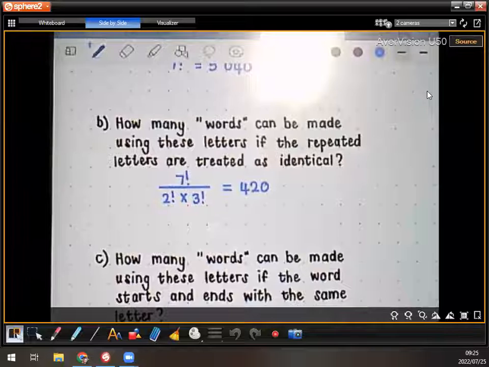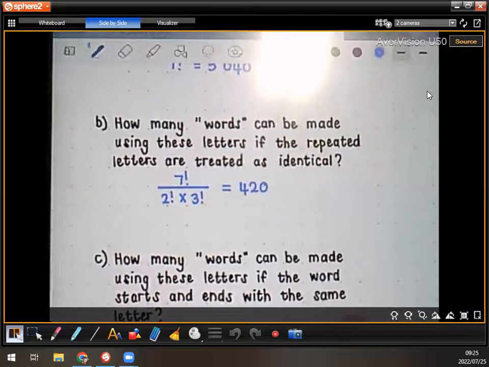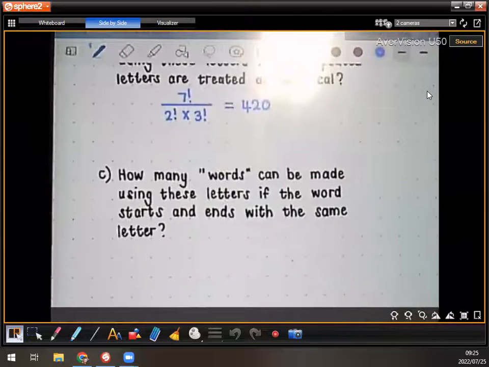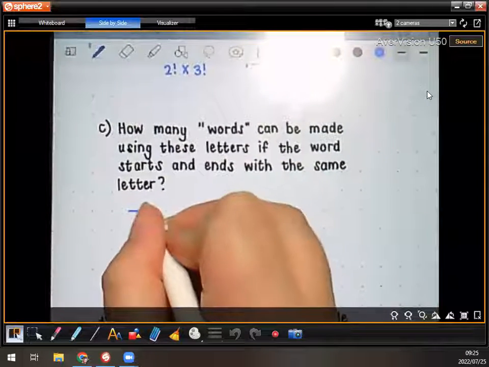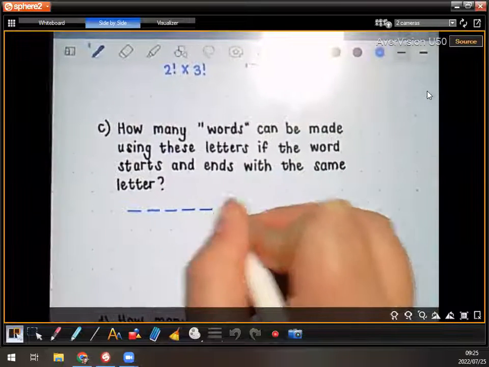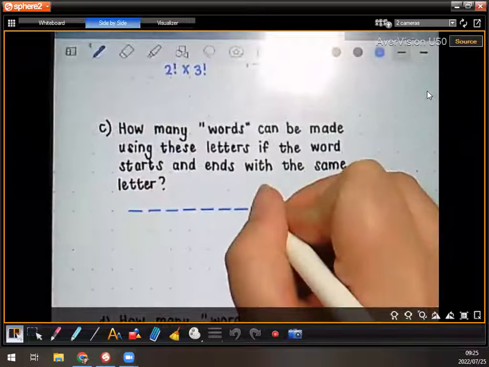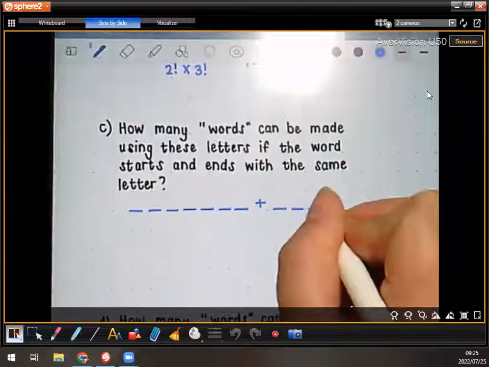Okay, so C. Now guys, this is where it gets interesting. How many words can be made using these letters if the word starts and ends with the same letter? Now, since I have multiple I's and multiple N's, there are 2 options for this. Okay, so I want you please to write out 7 slots, 1, 2, 3, 4, 5, 6, 7, but then also another 7 slots.